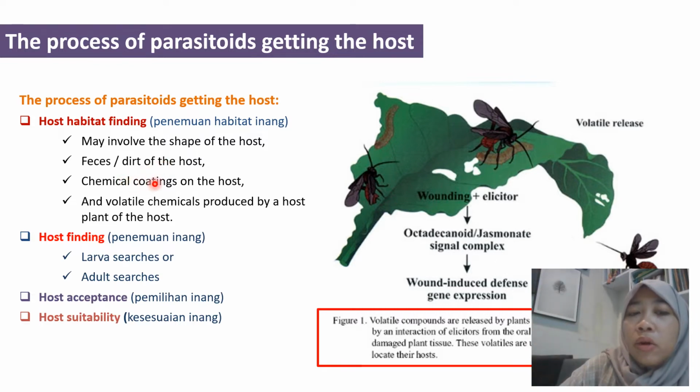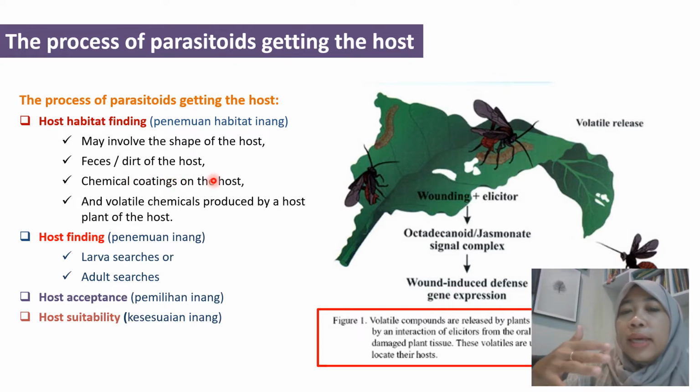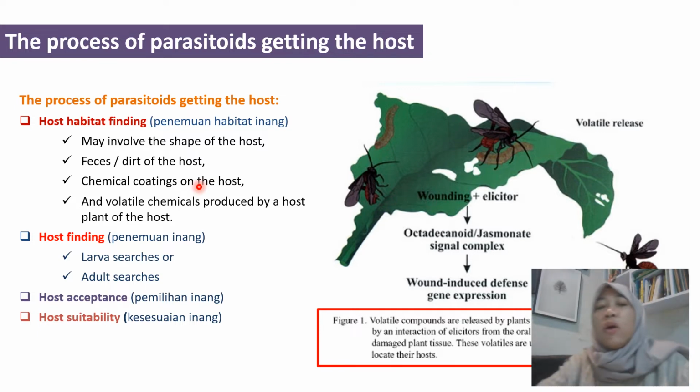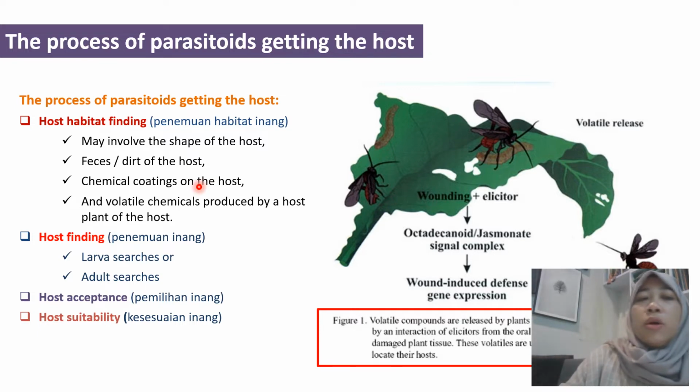Also, there is a chemical coating on the host, also from saliva, and also from volatile compounds produced by the host plant. All of these cues will attract the parasitoid to come.